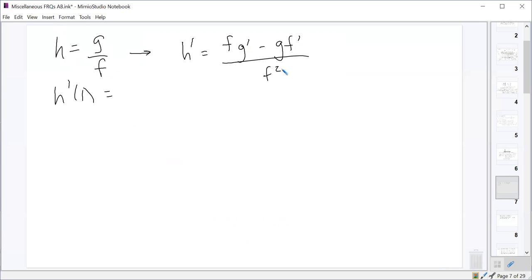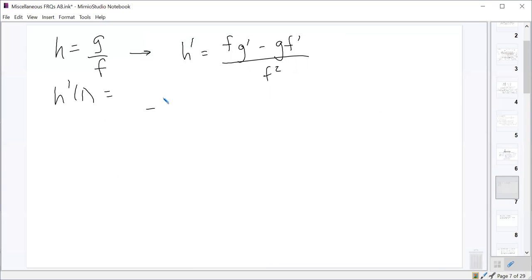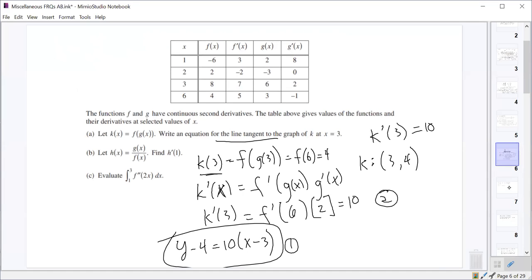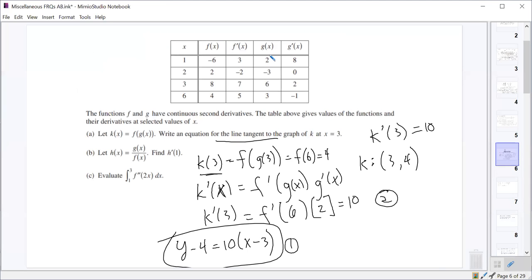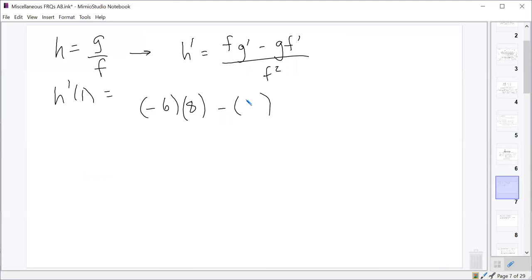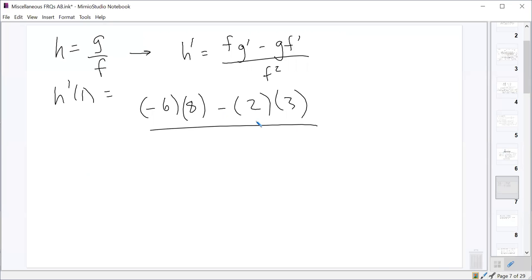And we're going to evaluate all of those at 1. So what's f of 1? Should be negative 6. G prime of 1 ought to be 8. G of 1 ought to be 2. And f prime of 1 was 3, right? And then all over f, which was what? Negative 6.